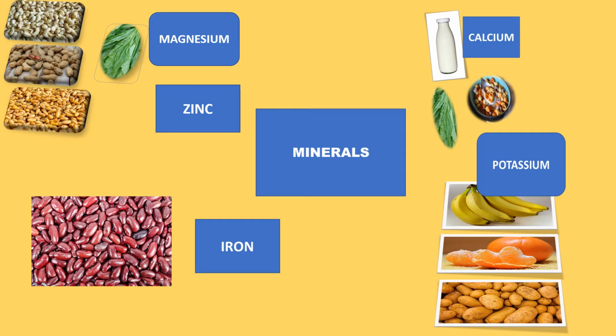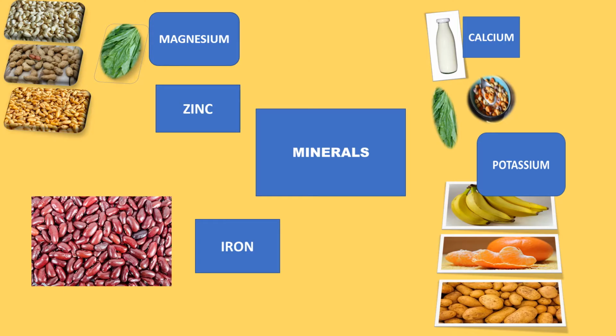Last but not least, zinc. It is found in foods like oysters, beans, nuts. Zinc is also very important for immune function. So these are a few examples of the minerals found in food. By consuming a balanced diet, we ensure that our body receives these essential minerals which help in proper body function.